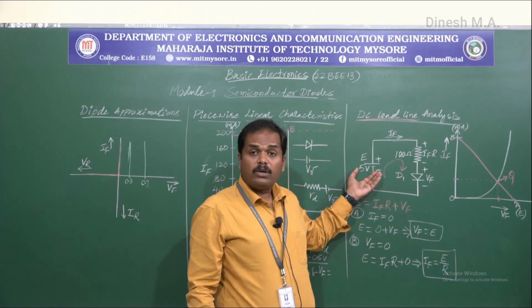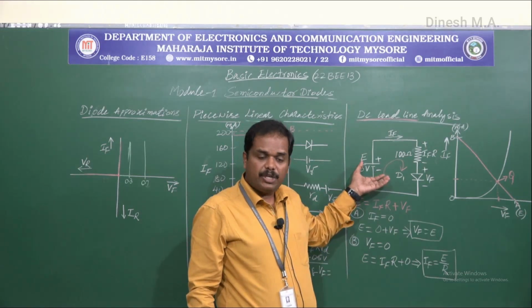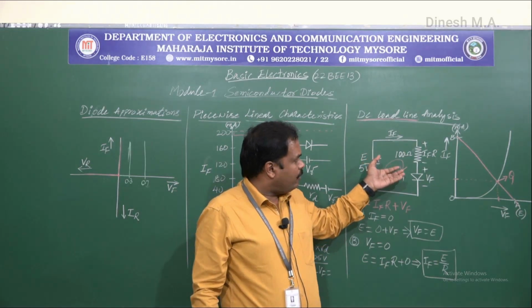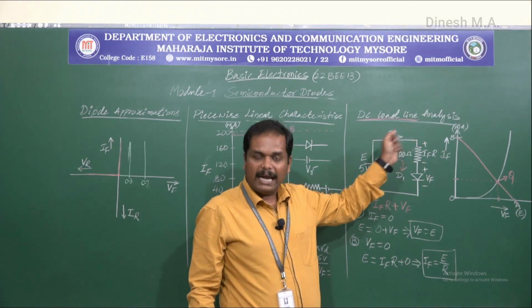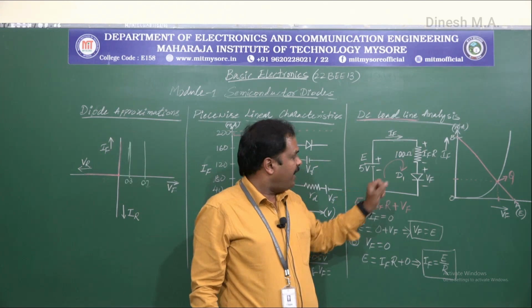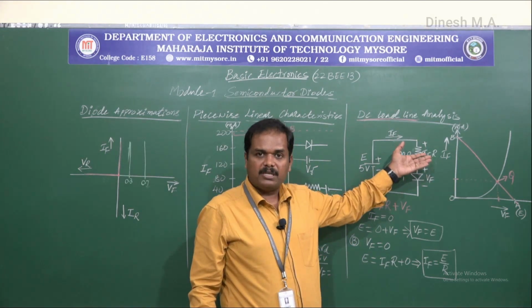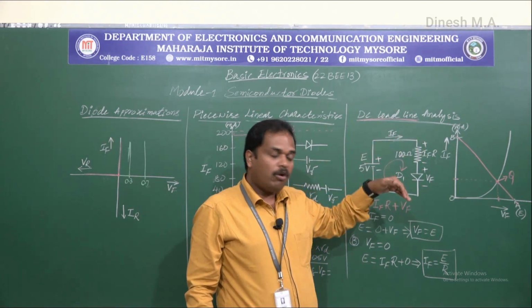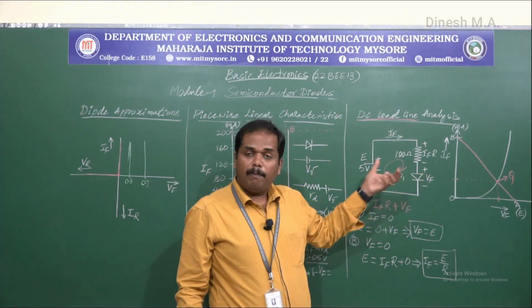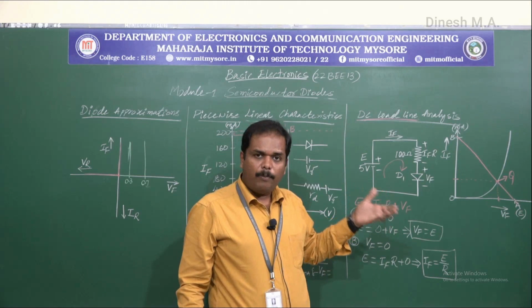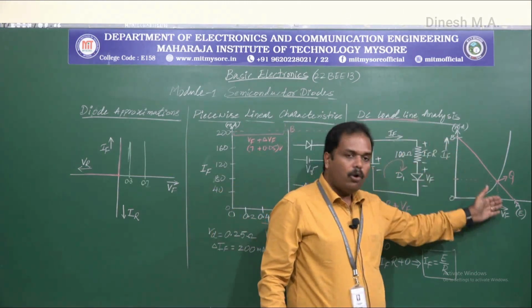Now if you want to find out the external supply voltage E, provided the values of the load resistance R and the forward current IF, we'll take the reciprocal of the load resistance to find the slope of the load line, and by finding the slope, we'll draw the load line.